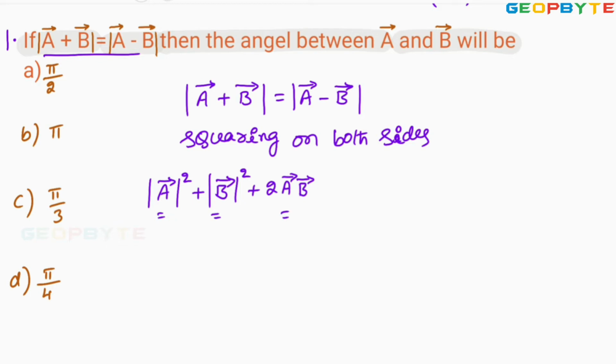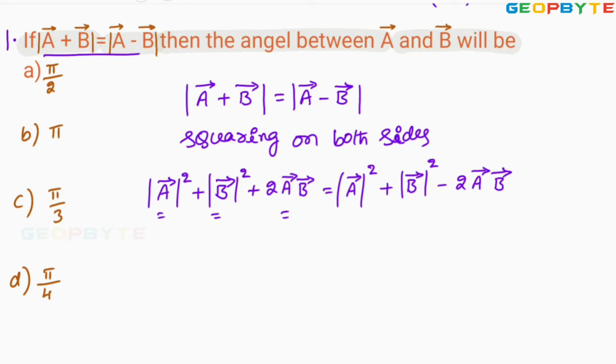The right side value, (A minus B) whole square, is vector A square plus vector B square minus 2 into vector A into vector B.